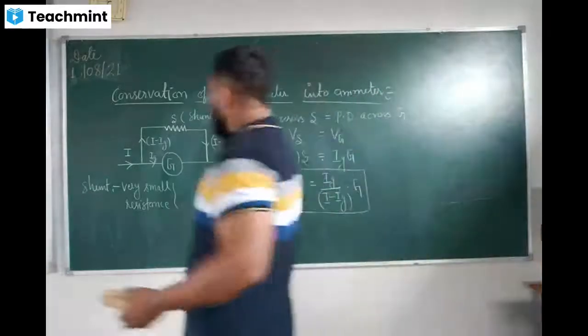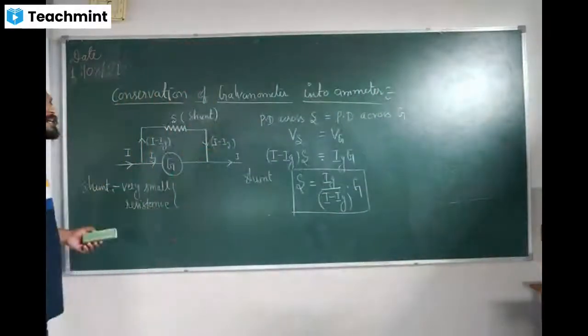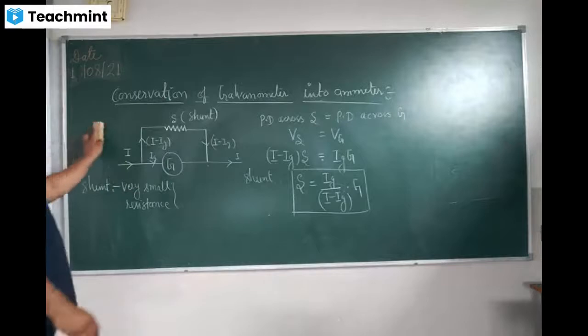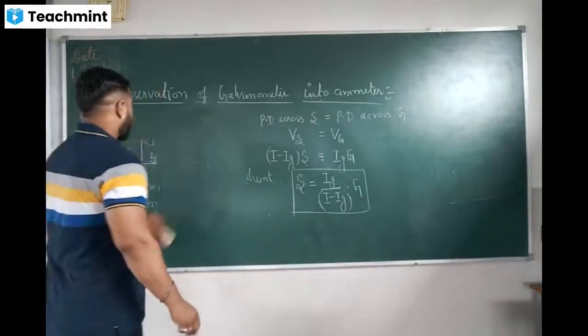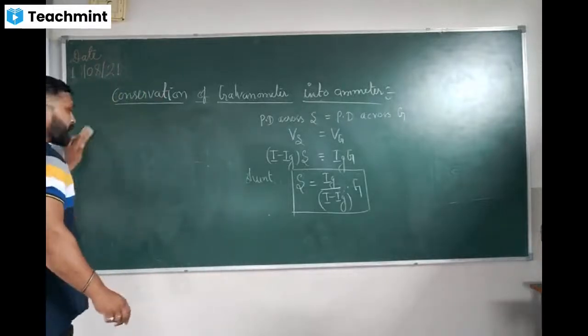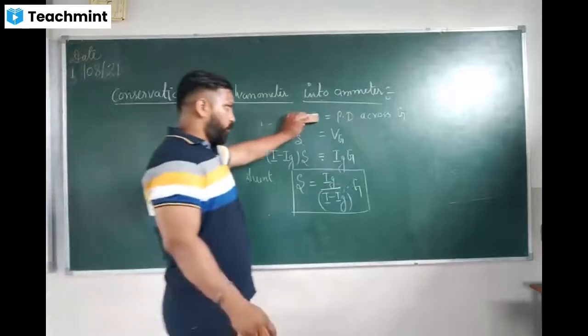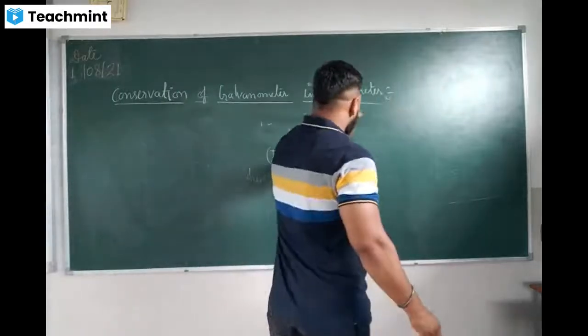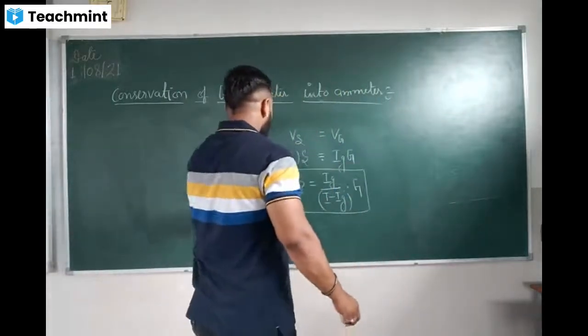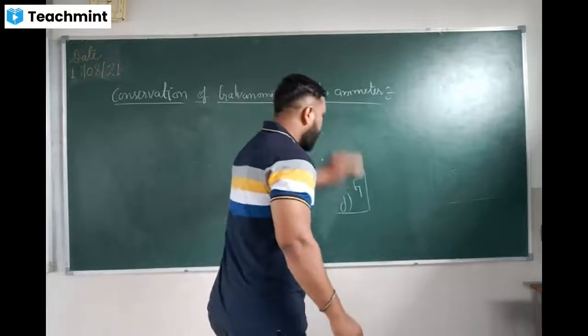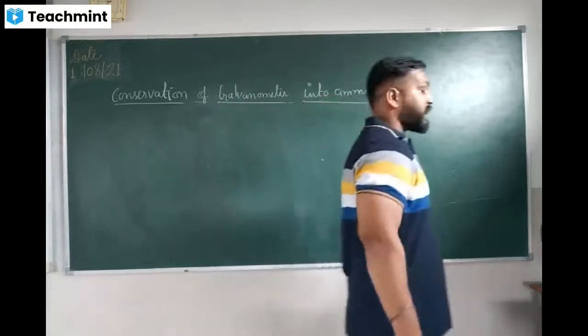Now let's talk about how we can convert a galvanometer into a voltmeter. Remember, the resistance of an ideal ammeter is always 0, whereas the resistance of an ideal voltmeter is always infinity.